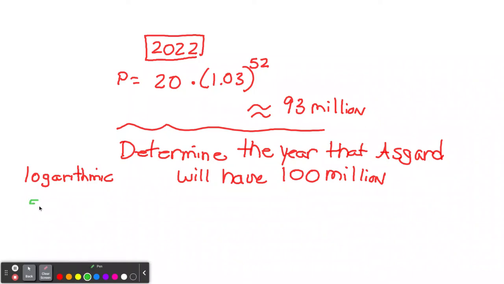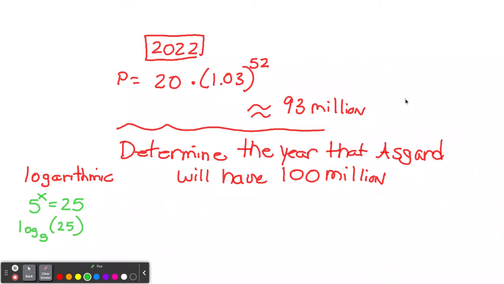If I said 5 to the x equals 25, we did this in the last video, we know this is logarithmic and we wanted to find x. Well, we know x is 2, because 5 squared is 25. So this could be written as log subscript 5 of 25, because the base is always the subscript. In the same way, we're going to do this with this question.